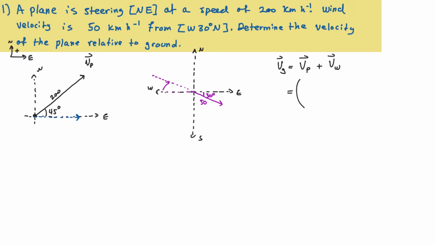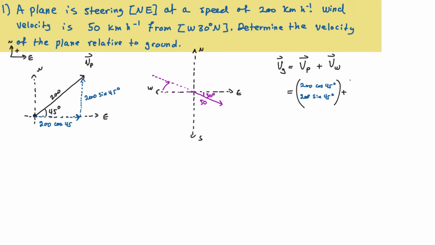And this side is adjacent to the angle, so it's going to have a magnitude of 200 cosine 45. For our y component, it also goes in the same direction as our positive coordinate system, and since this is opposite to our angle, this is going to be 200 sine 45 degrees.